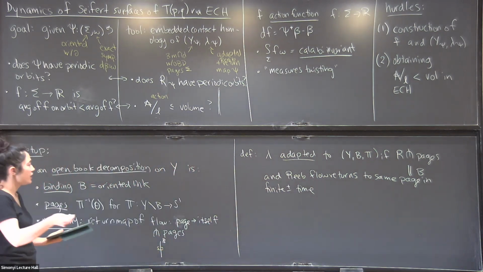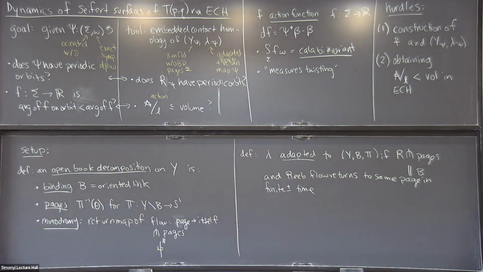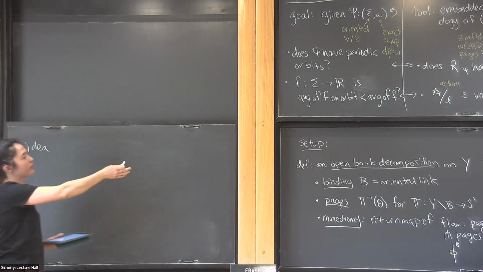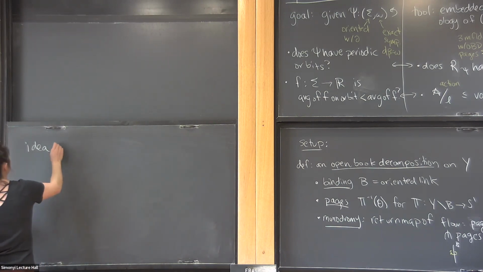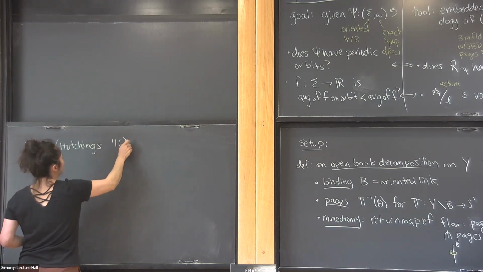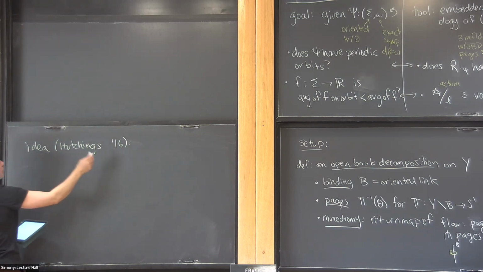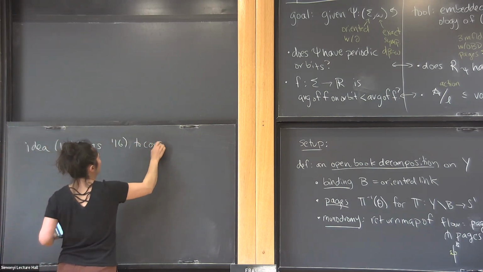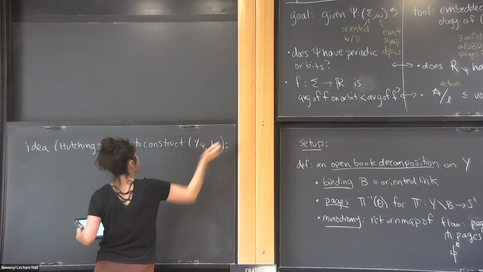So the idea of this whole story is due to Hutchings. The idea of constructing a contact structure that's supported by the open book is much older, but the exact construction that I'm going to talk about comes from this 2016 paper of Hutchings.